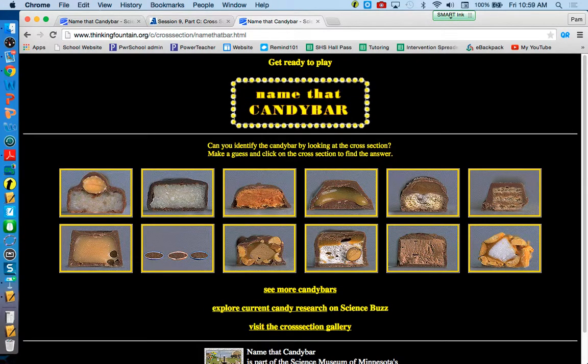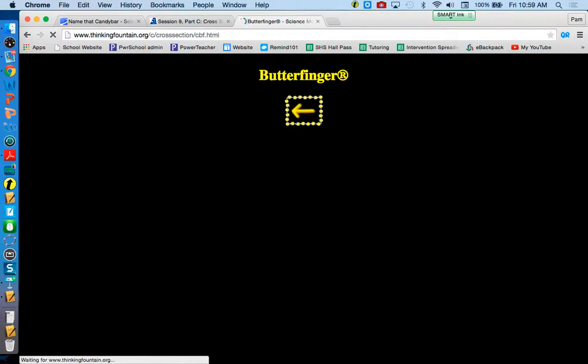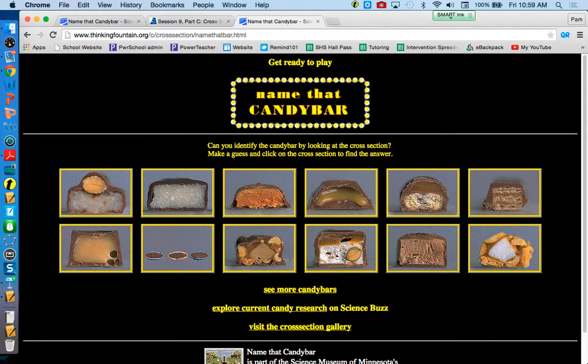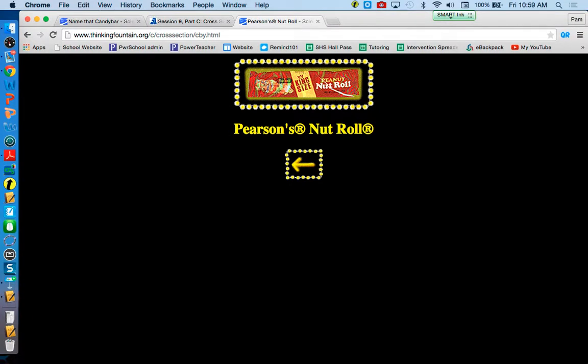Okay, Chili. Is the third one on the top from the left Butterfinger? It was. Maybe even a peanut Butterfinger possibly. Okay, Dalton again? Bottom right hand corner is a Payday. Peanut nut roll, which it could be, is that the same thing?